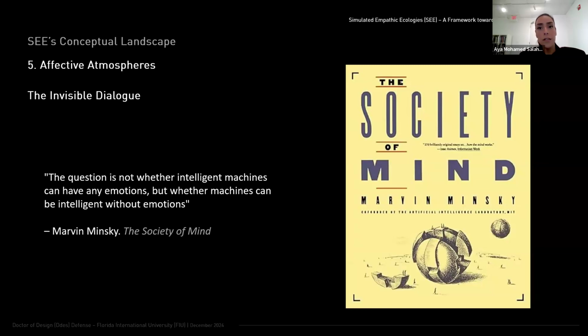Does it need to have affective capabilities or affective recognition capabilities to be truly intelligent? I will go through some different perspectives on this affective integration.